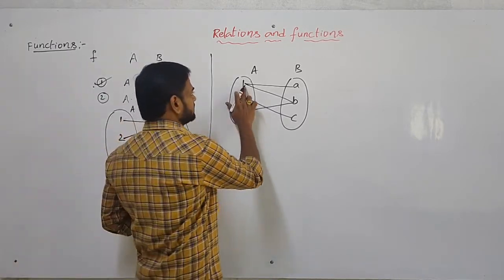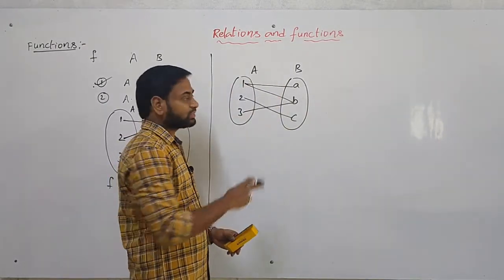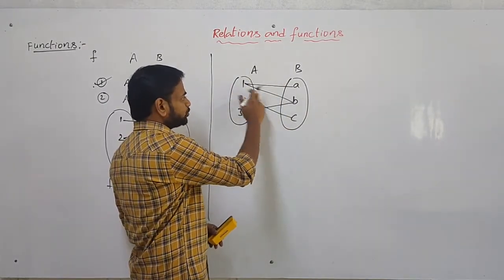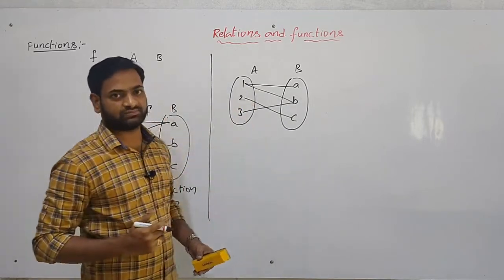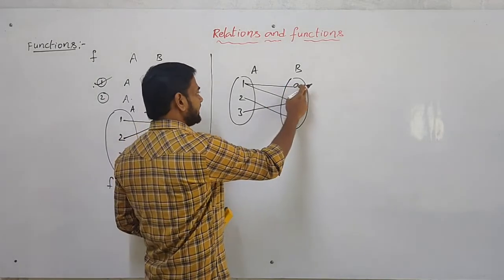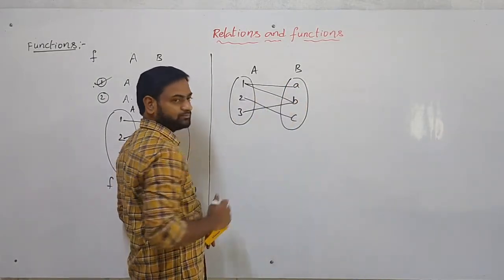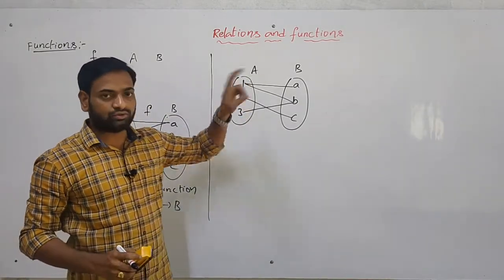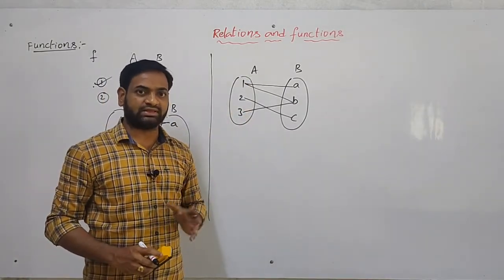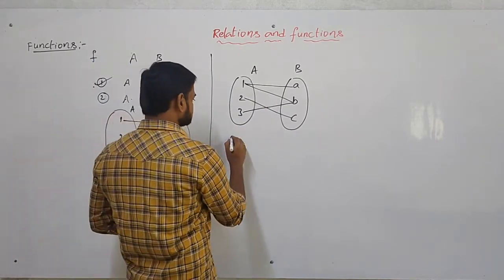But here, see. 1 is mapped with 2 elements. That means 1 contains 2 images. What are the 2 images? A and B. 1 is mapped with A and 1 is mapped with B. So the element 1 has 2 images. So it is not a function. What is the reason?